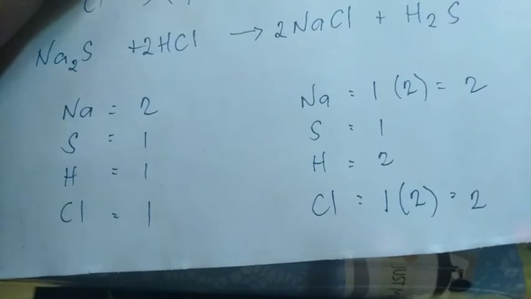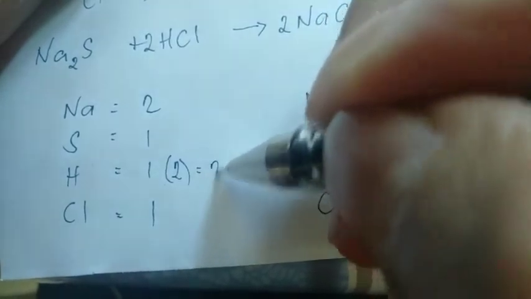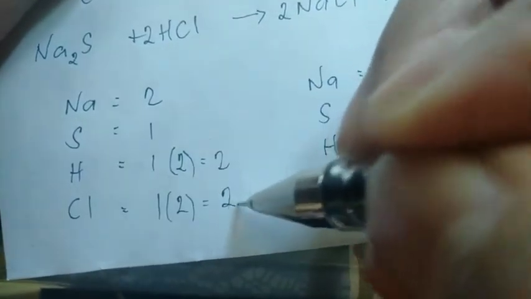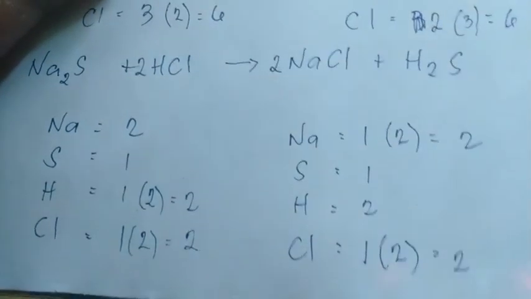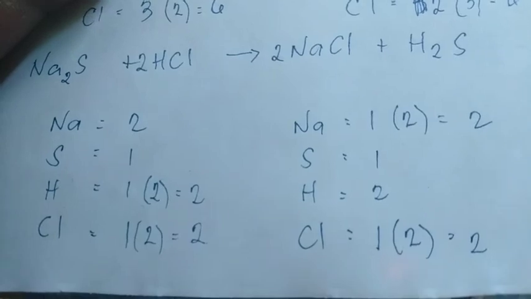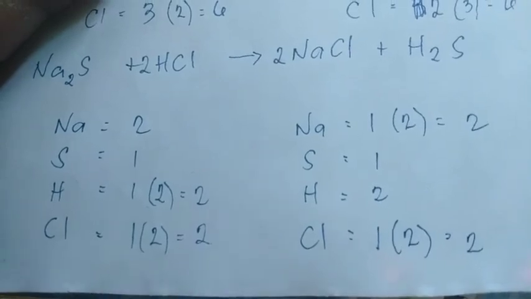So, we will add 2 in here. Multiply the hydrogen 2 with 2 and then yung chlorine. So, ganun lang siya kasimple. We already have a balanced equation.